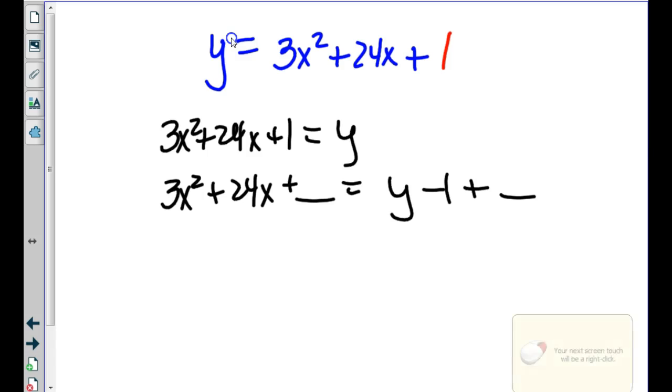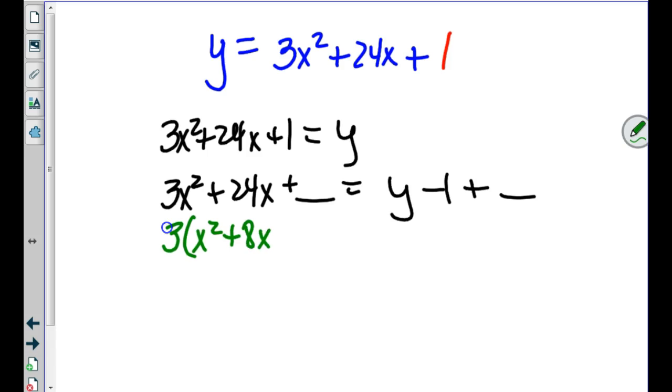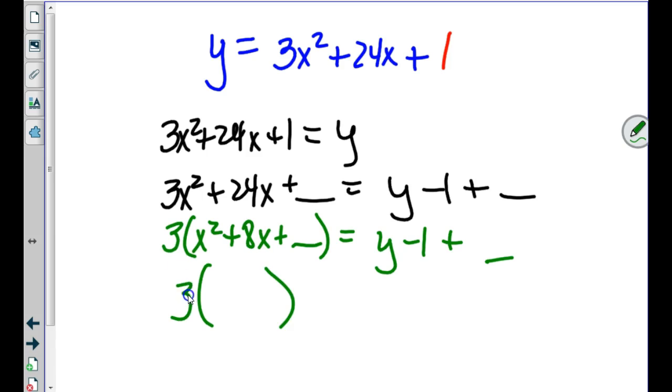Okay, now what? Take out a 3. I have no cursor, so that's why I'm struggling here. There we go. Take out a 3. x squared plus 8x plus blank. Okay. Now, the 3 stays out front and we don't worry about it. Yes, half of this is 4.